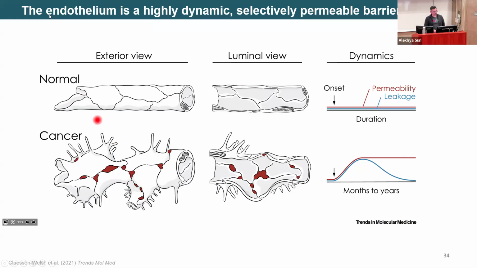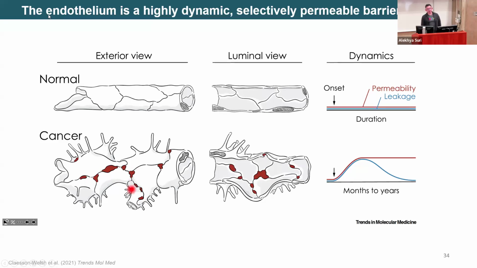In cancer, the endothelial cells are sprouting constantly, and those areas that are highlighted in red are places where the cells are not really touching each other, right? And those are areas where the endothelial barrier is lost, right?